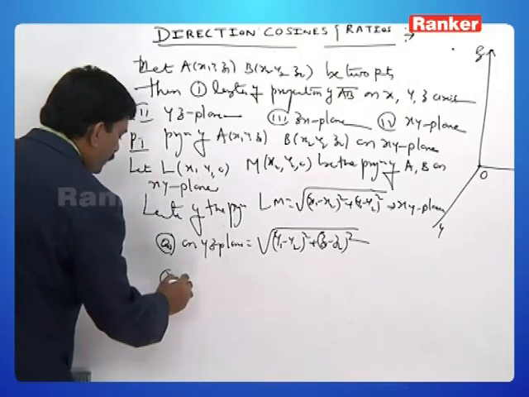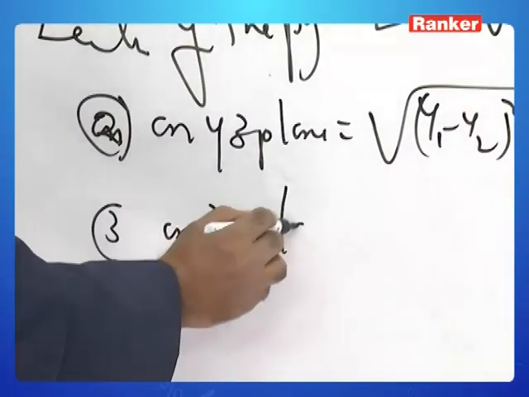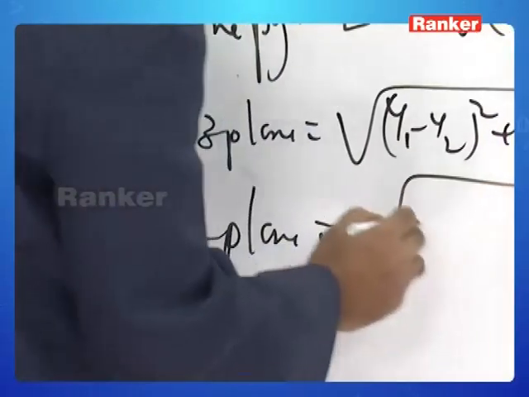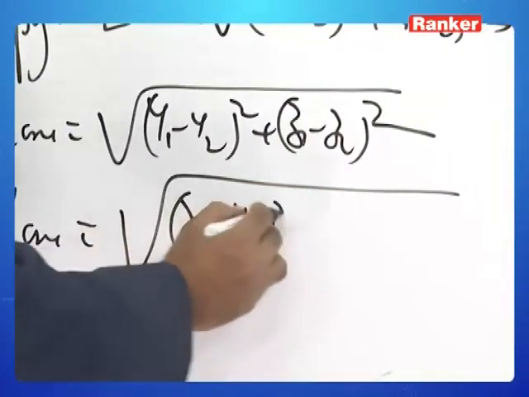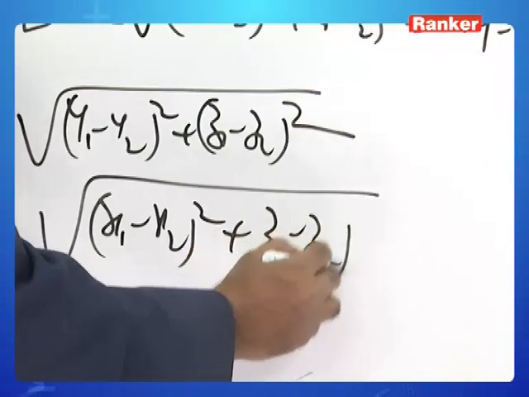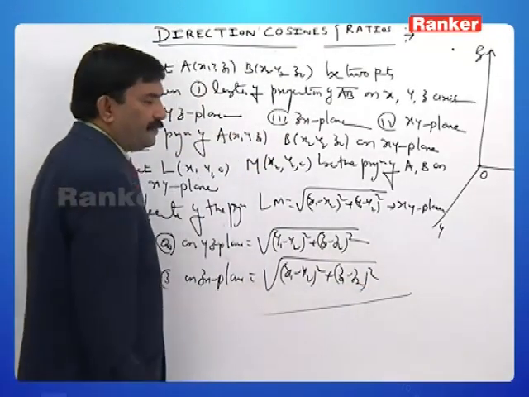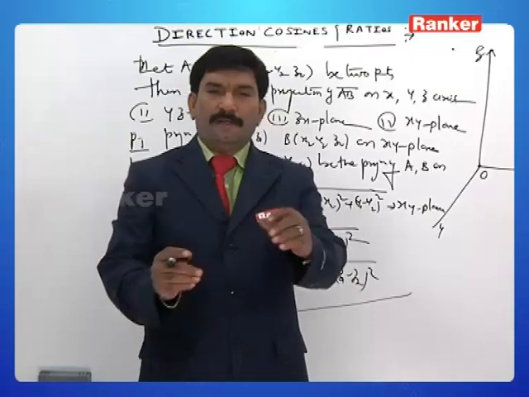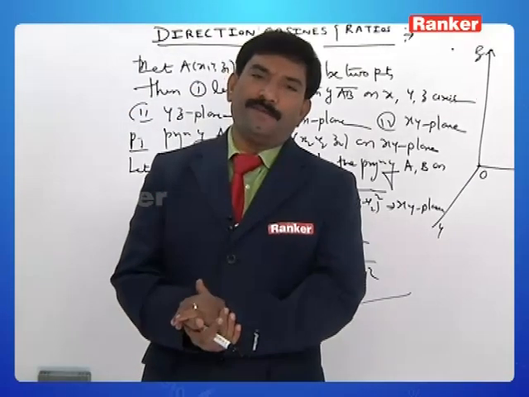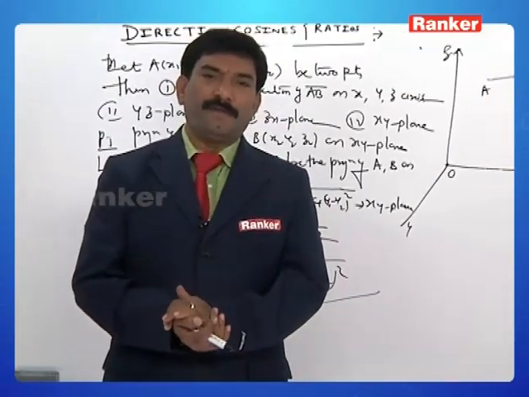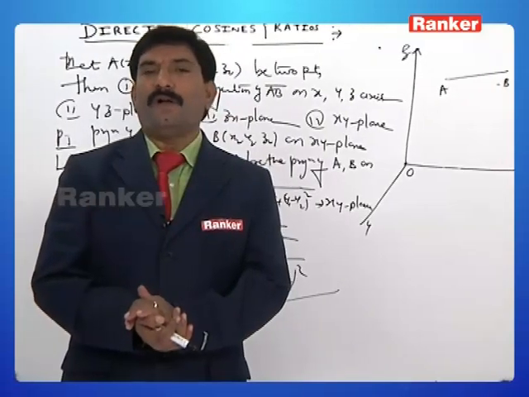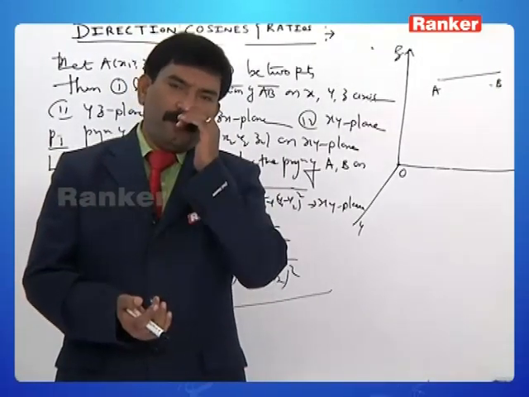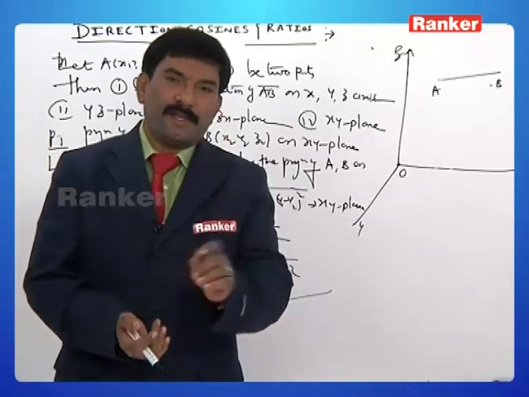Next, the third one is on the zx plane. I can write this one as x1 minus x2 whole square, z1 minus z2 whole square. These are the lengths of the projection of the line segment joining A of x1, y1, z1, B of x2, y2, z2 on the xy plane, yz plane, zx plane.